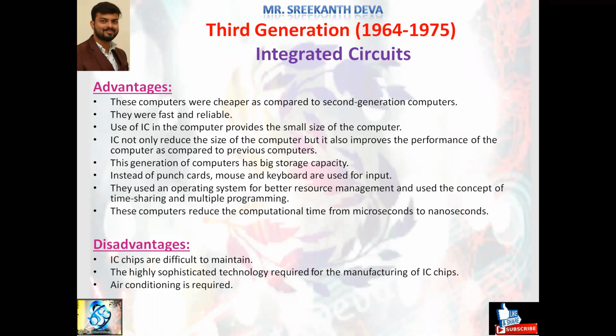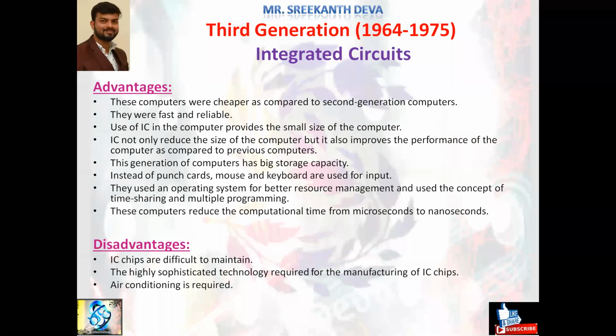Several disadvantages were there in third generation computers. They required air conditioning. Still, some additional air conditioning is required. Highly sophisticated production was easier and cheaper. Physical sensitivity is decreased. Here IC chips are difficult to maintain.